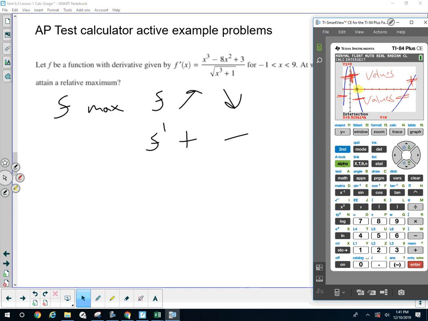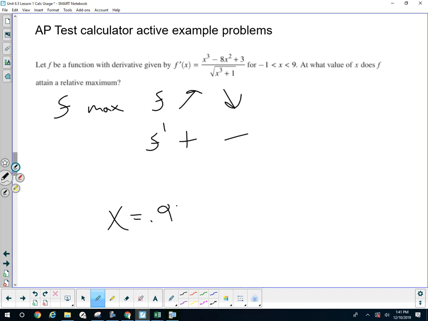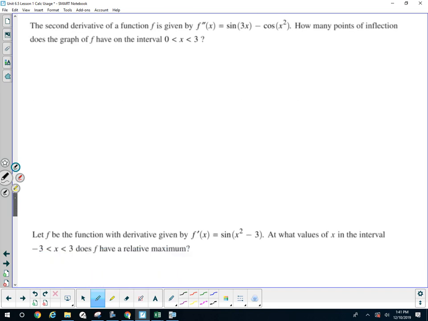It's 0.920. F prime changes sign from positive to negative. Okay? That's the easiest one. They gave you F prime. You just had to look at signs. Let's skip a couple examples and go to this one.